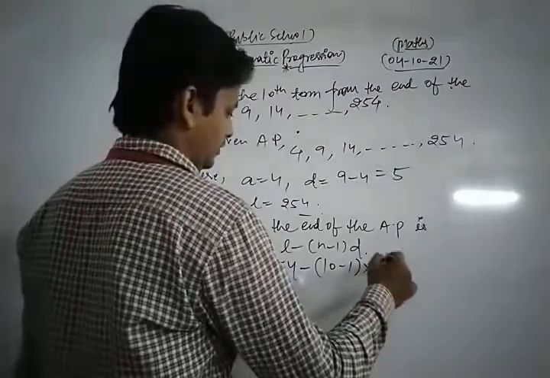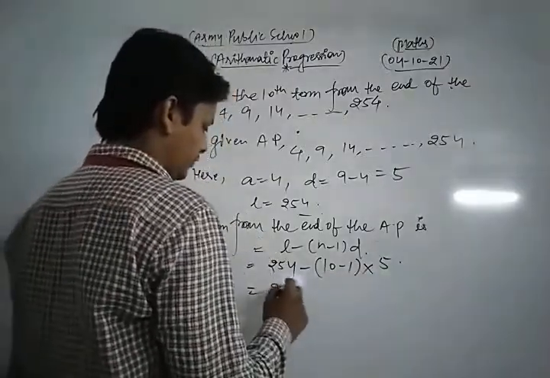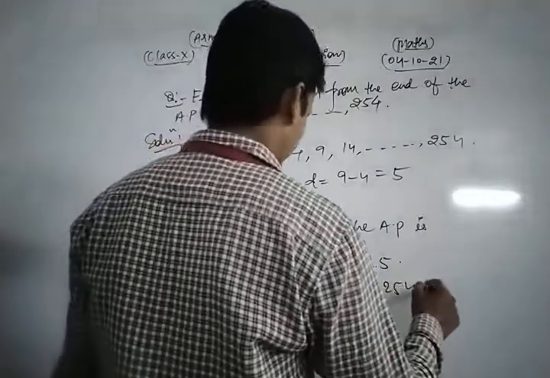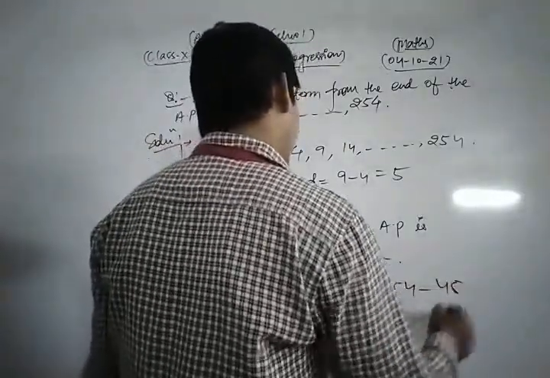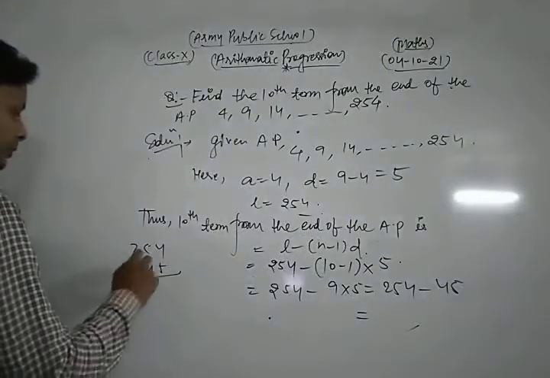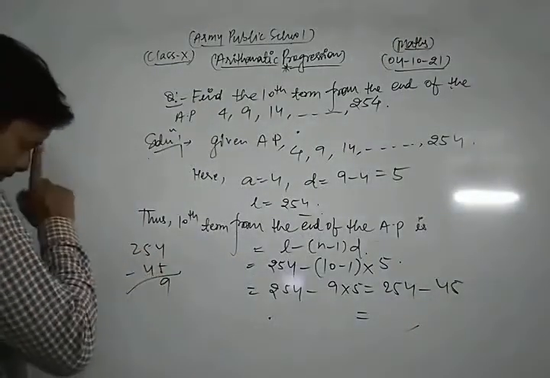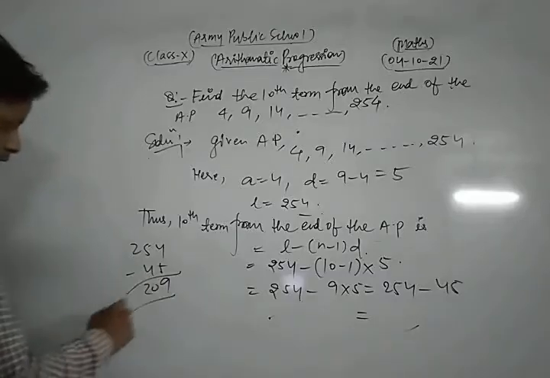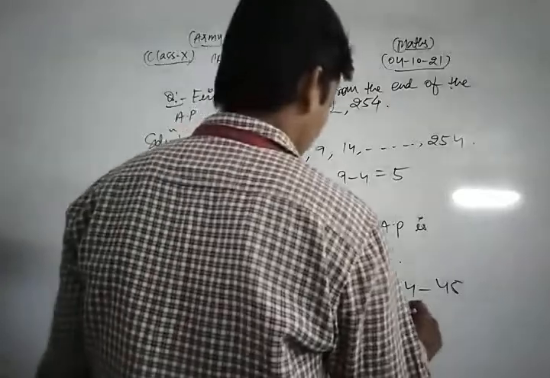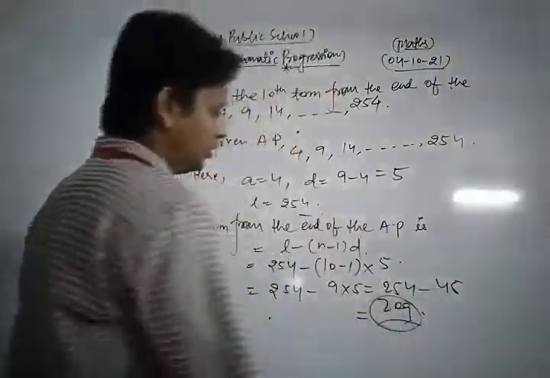Now we simplify: 254 minus 9 into 5, that is 254 minus 45. Subtracting, this is 209.